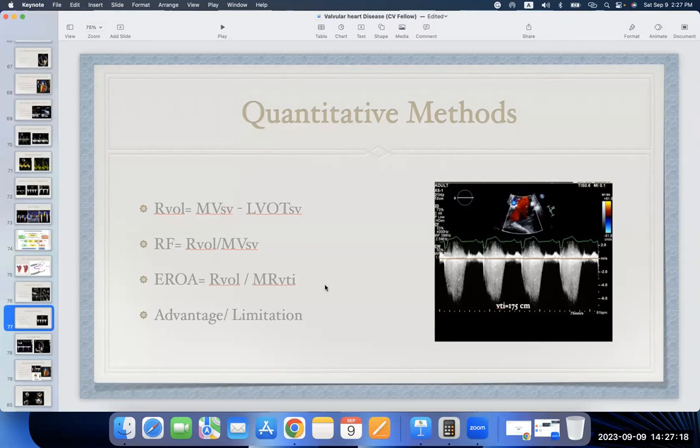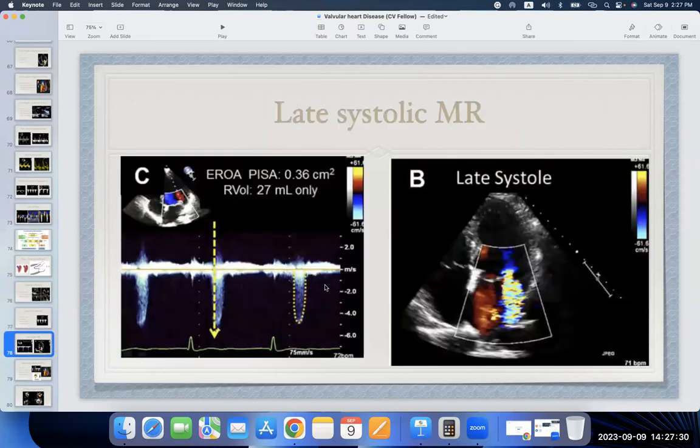But the good thing about using the Doppler to quantify the regurgitation severity of the MR is that in some cases, like the one that I showed you, with late systolic MR or sometimes early systolic MR, if you look at the color only or the PISA, you're gonna overestimate the MR. Like for example, this patient. When you see it like this, you're gonna overestimate. You will say, "Oh, this is significant," but this actually is not holosystolic.